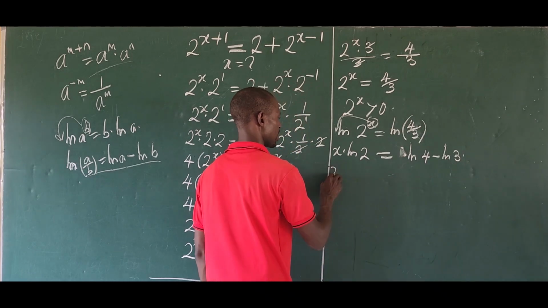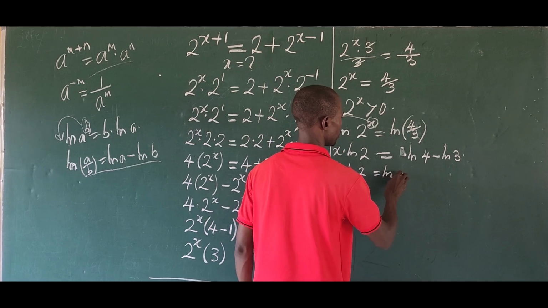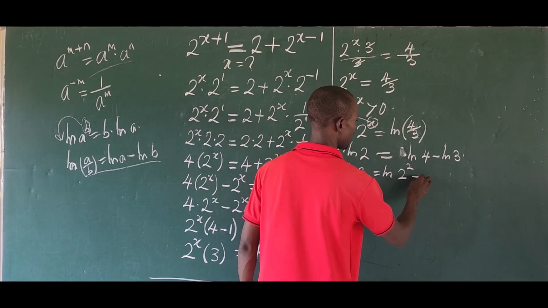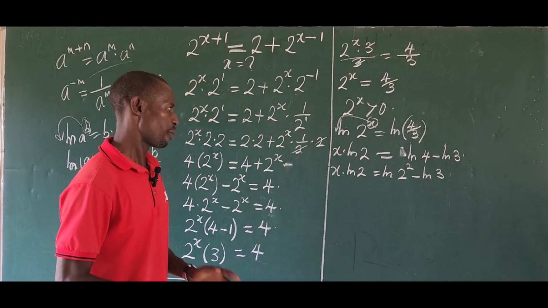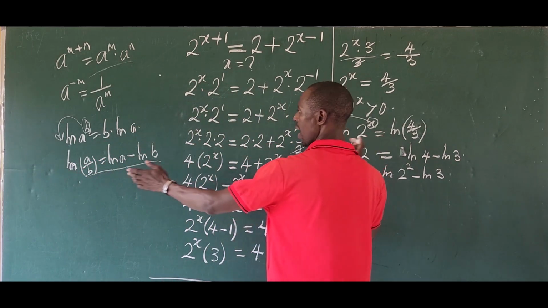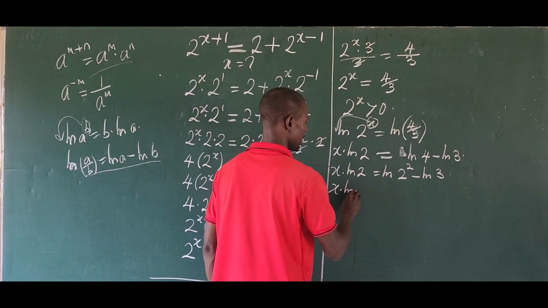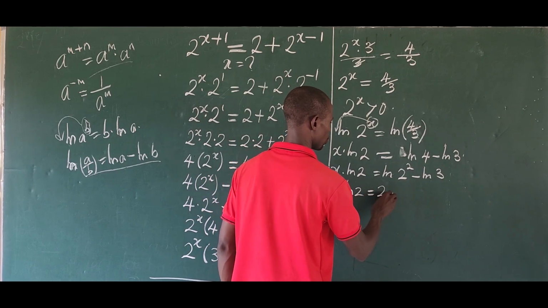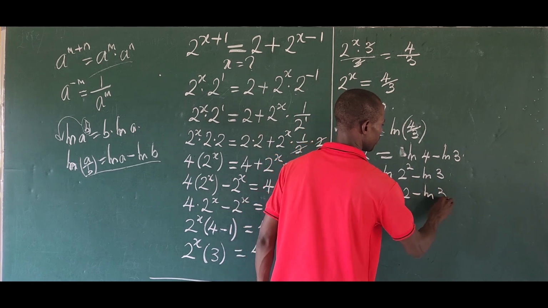So this is going to give us x times the ln of 2 is equal to the ln of 2 to the power of 2 minus the ln of 3. Again, we apply the power law to give us x times the ln of 2 is equal to 2 times the ln of 2 minus the ln of 3.